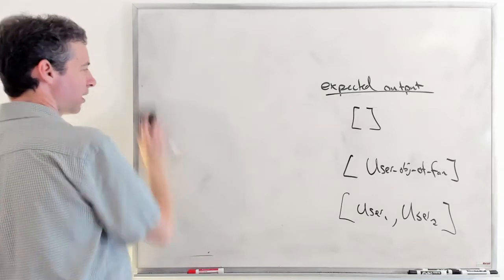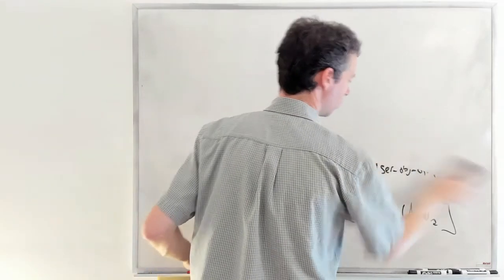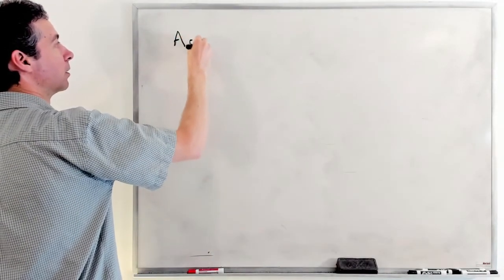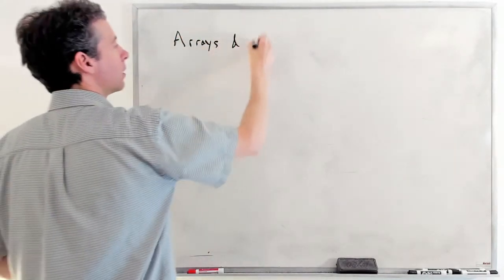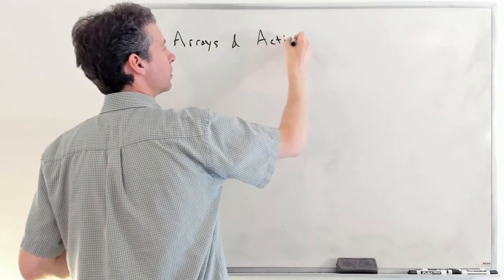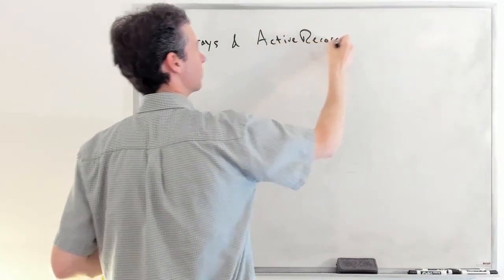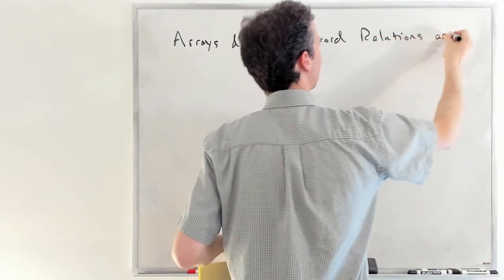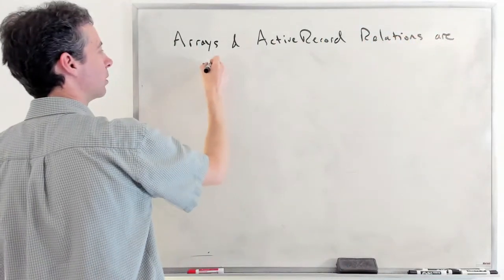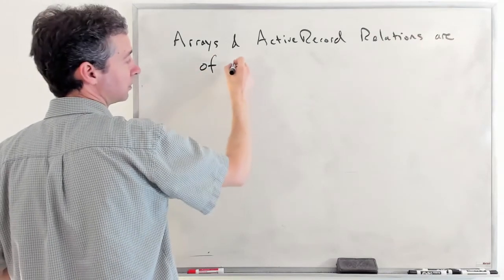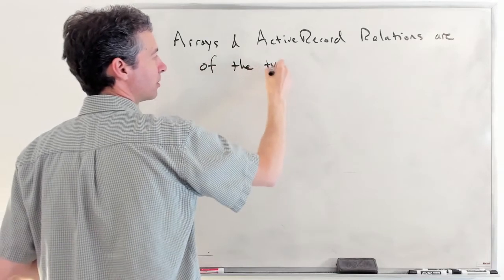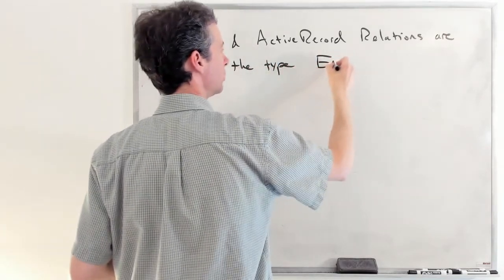Well, it turns out that in Ruby, arrays and these Active Record relations are of a type Enumerable.